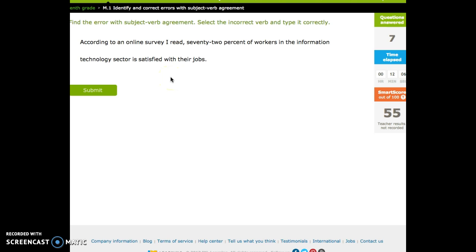According to an online survey I read, 72% of workers in the information technology sector is satisfied. So what is satisfied? Workers is satisfied. Well, no, workers are satisfied. Even though we have a number here, a percentage here, we're conjugating it based on workers.